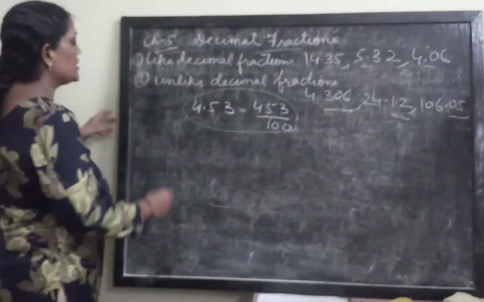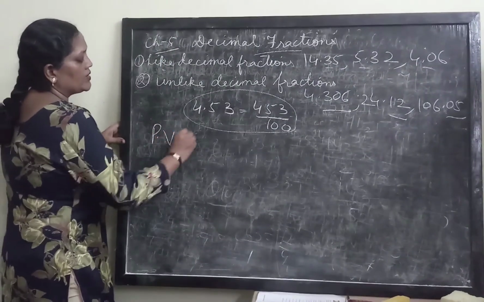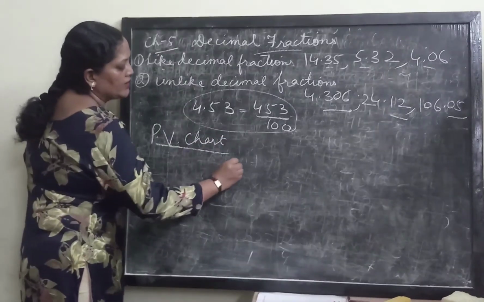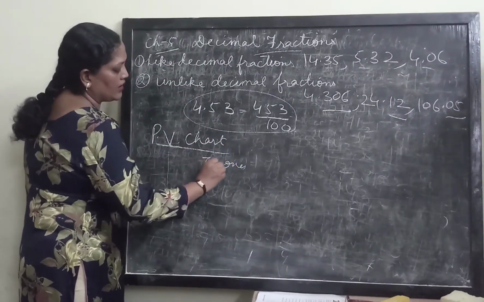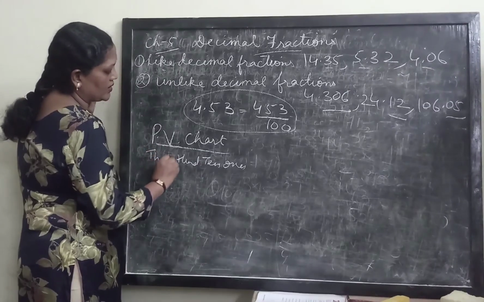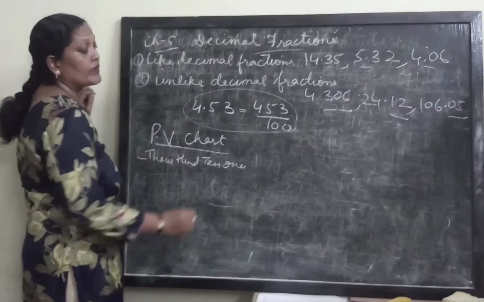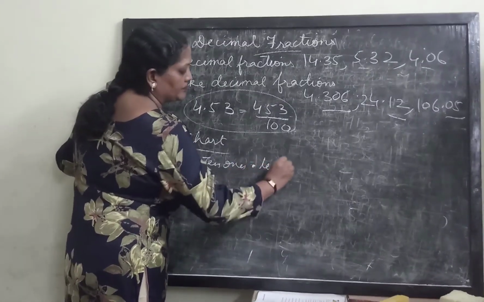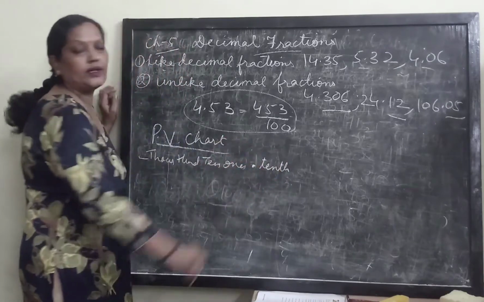Now see the place value chart. All of you are familiar with ones, tens, hundreds, thousands, 10,000, like that. After the decimal, the first place is the tenth part. One part is taken by the decimal.